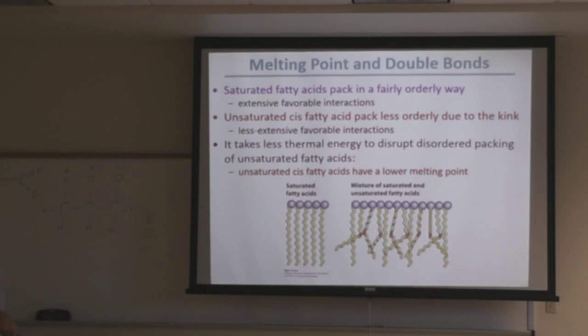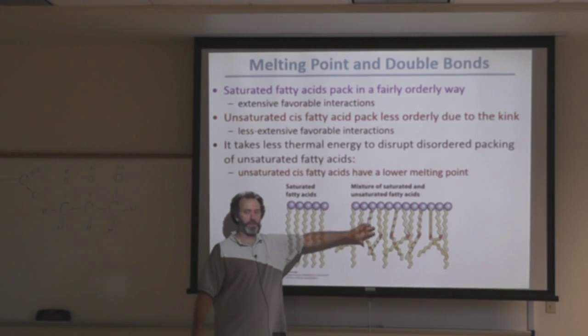Do you understand why that is? So plants, what temperature do they normally grow at? Yeah, like room temperature, whatever temperature the environment is. So if the plant is growing at like 20 degrees, you can alter the membrane fluidity by adjusting the amount of double bonds.